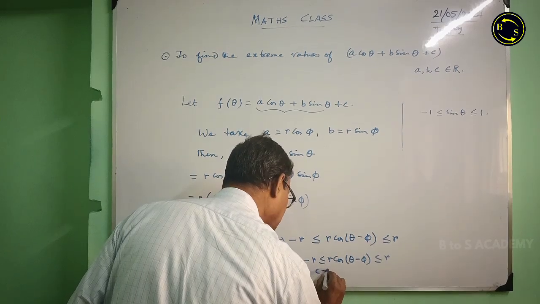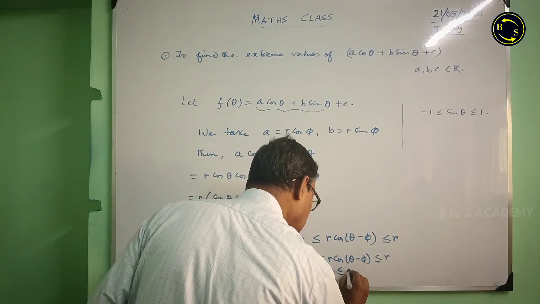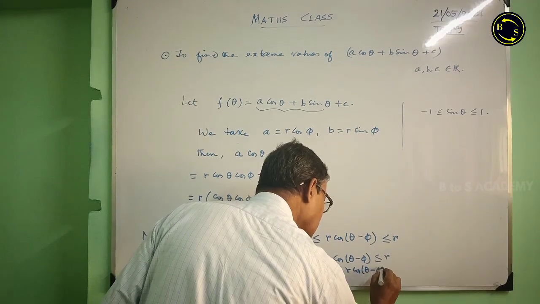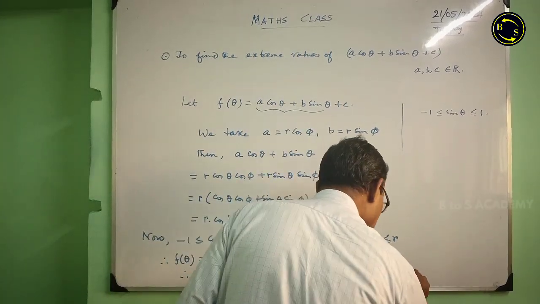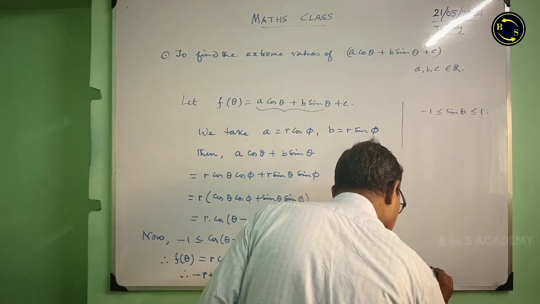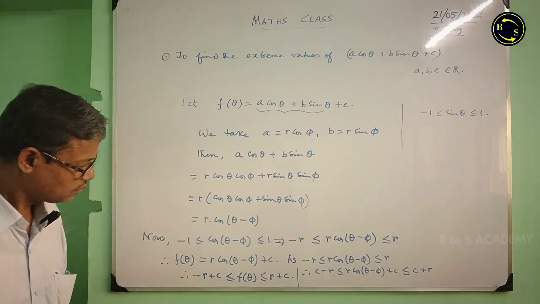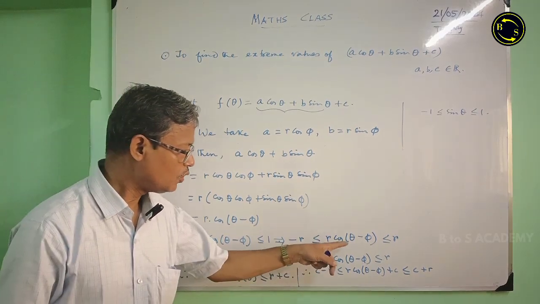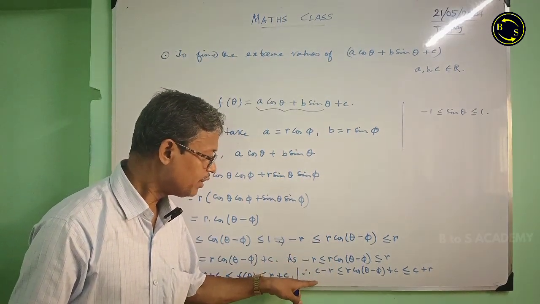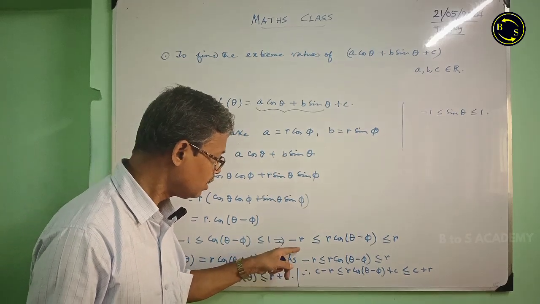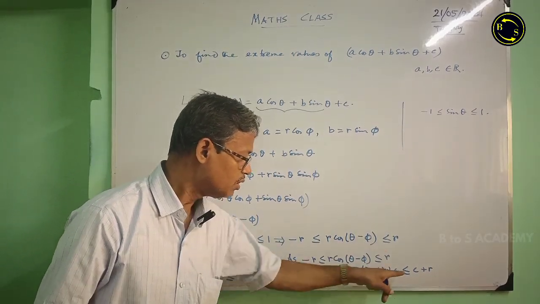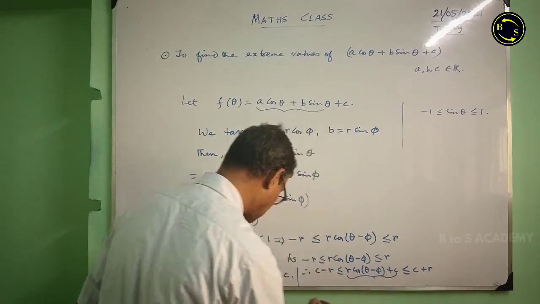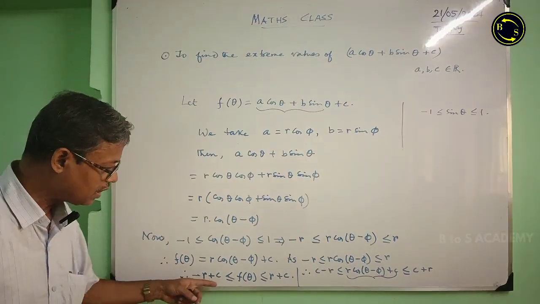Therefore, c minus r less than or equal to r cos of theta minus phi plus c less than or equal to c plus r. We have added c to each part, and this one is nothing but f theta. Therefore, the final step is this one.